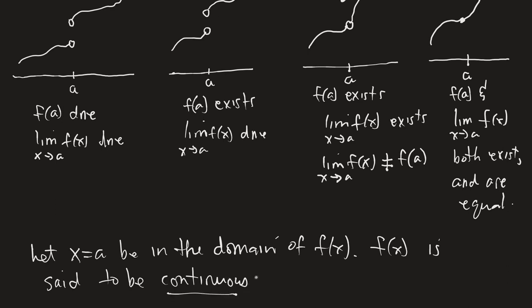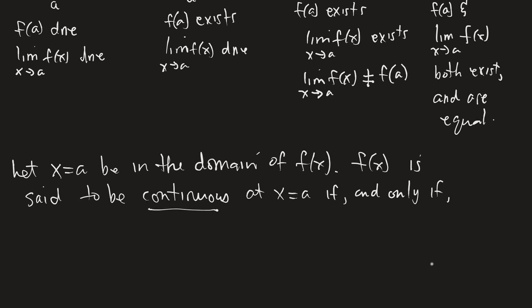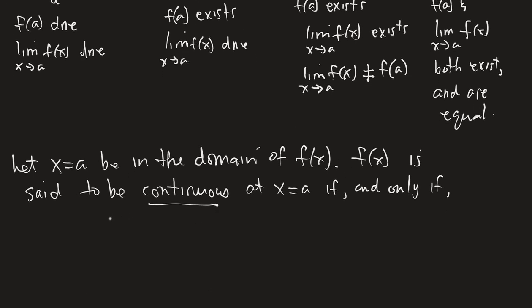So that's what we're defining now, at x equals a if and only if these three things occur, right? So again, this is kind of redundant because I say that it's in the domain, but I'm going to restate it: one, f of a exists.